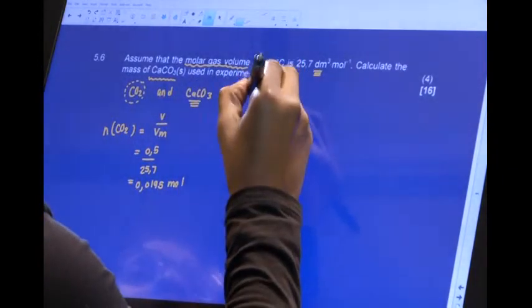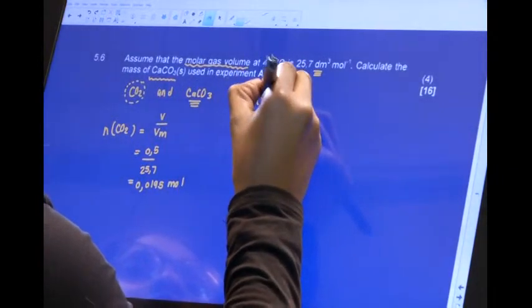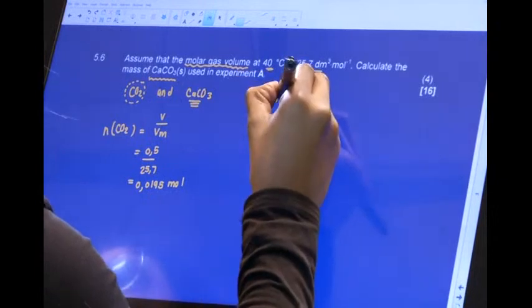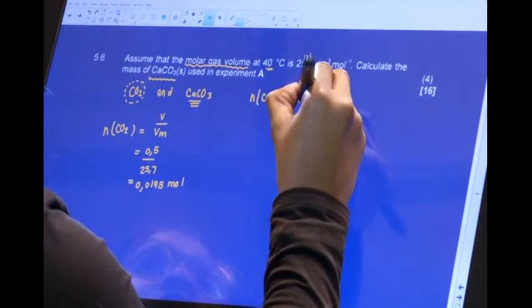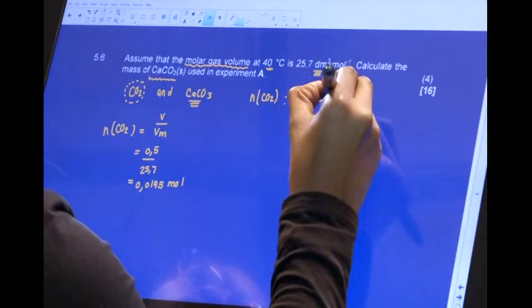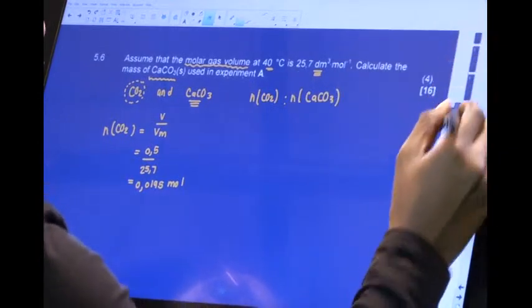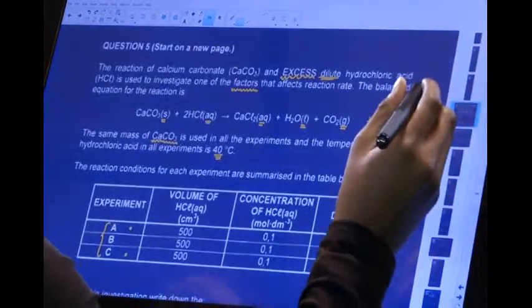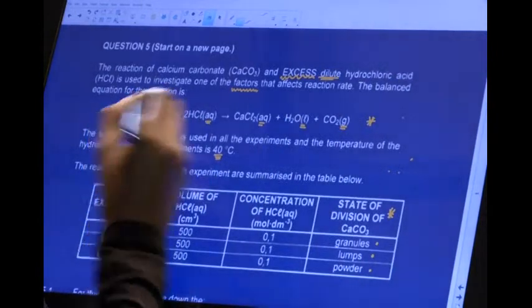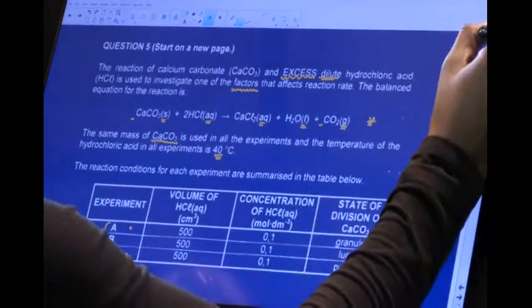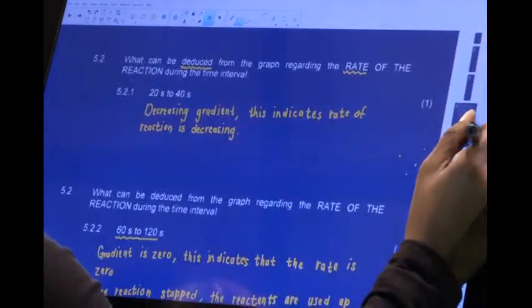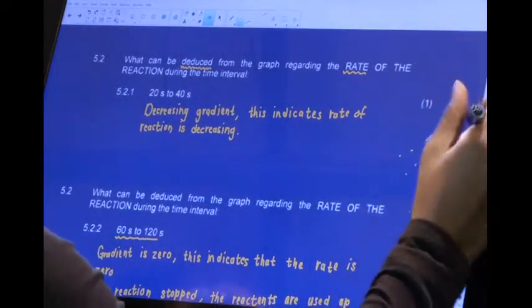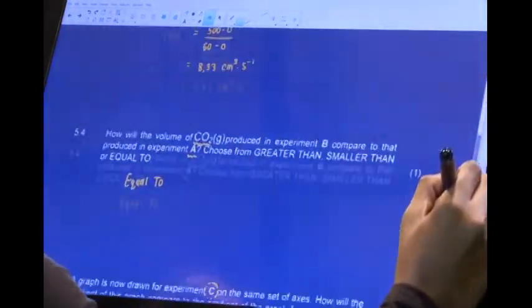Now I'm going to use my mole ratios. The moles of CO2 to the moles of CaCO3. Now, these mole ratios is what you then get from your experiment. So I can see my moles is 1:1. So that means they are therefore equal. Let me just go all the way down.